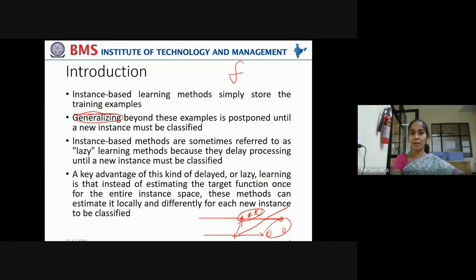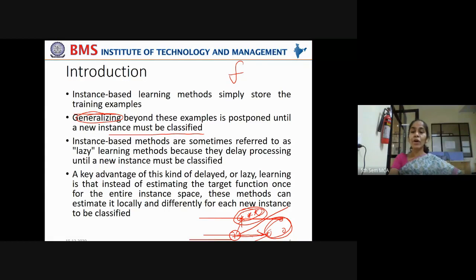Generalizing beyond the training examples is postponed until a new instance must be classified. Now a new instance, the plus symbol, is given here, and once it is given, it will start comparing its features with the features of the already existing training examples. If this plus's features are almost similar to the star features, it will assign it to this class, or if it is almost similar to circle features, it will assign it to the circle class.